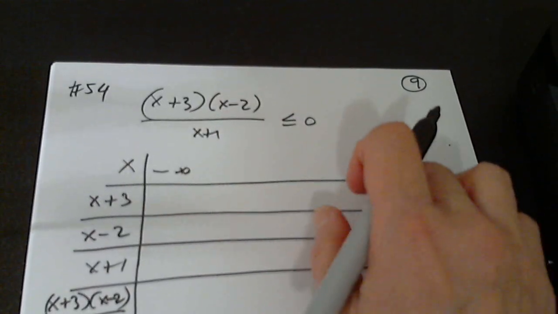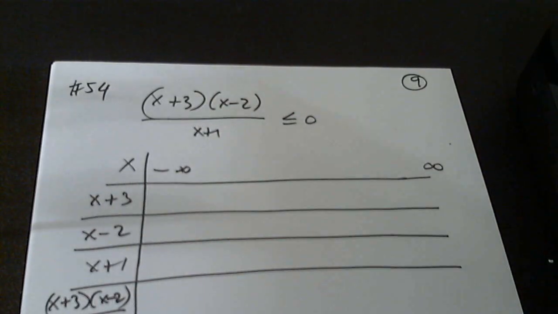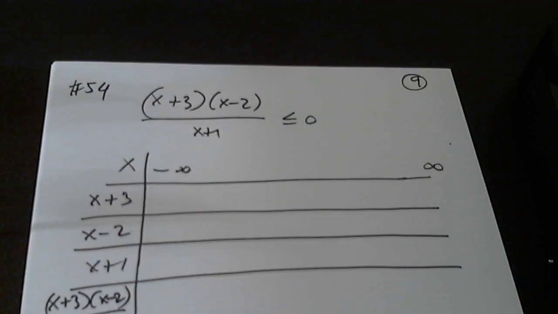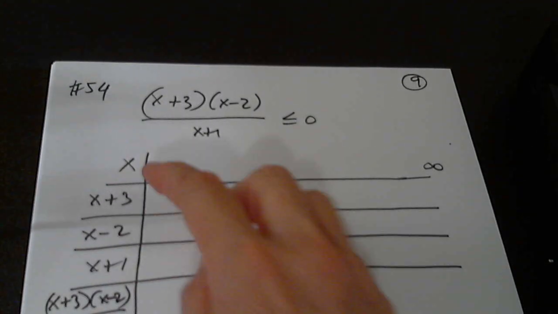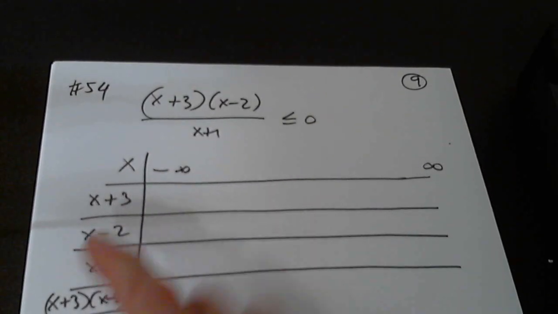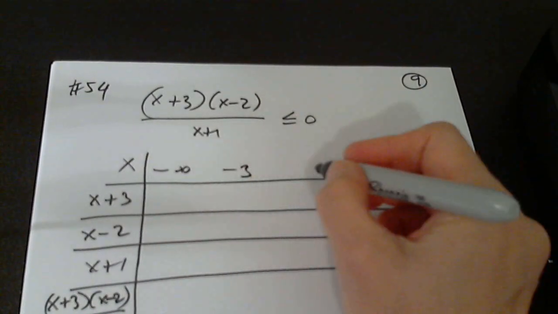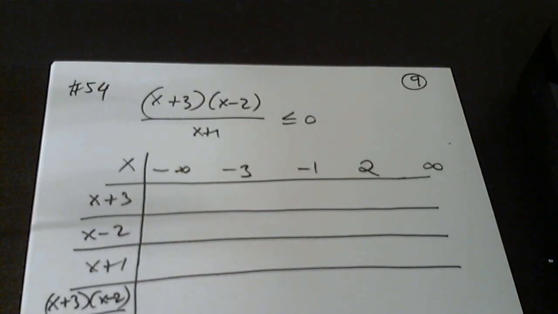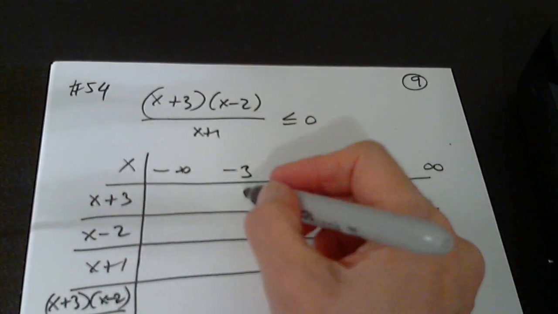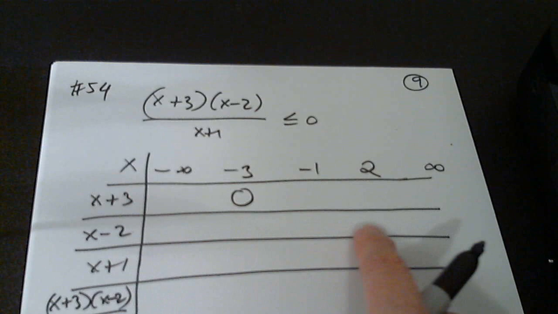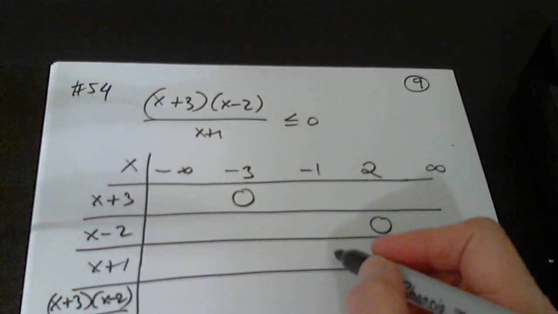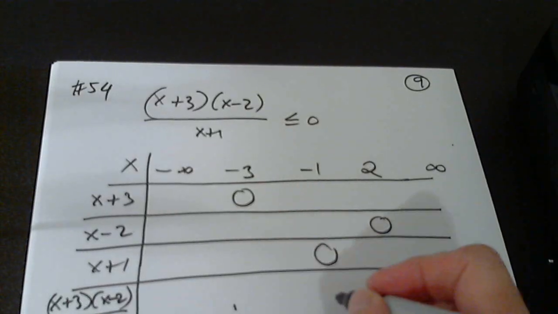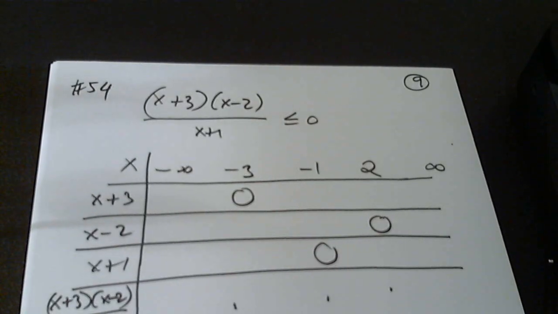Which x values will you put in the table, and what is the correct order? It would be -3, -1, and 2. Excellent. -3, -1, and 2. This 0 under -3, this 0 under +2, this 0 under -1. Now I have to establish what happens to the ratio at those points.